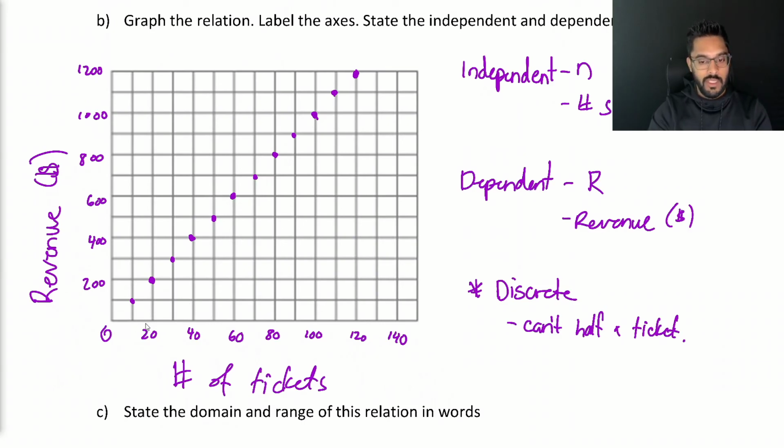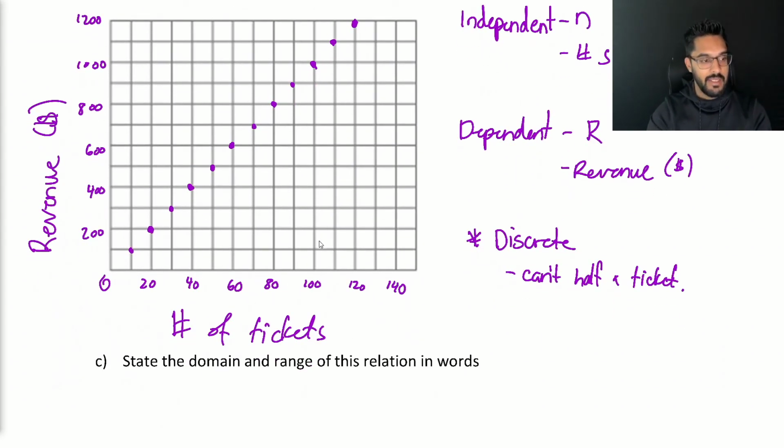So based on the limitations of my graph, I can't put a dot anywhere along that line because I don't really know where those whole numbers are. It's very difficult to tell based on the scale that we have. I would have to have my scale going up by ones to really make sure that I can put the dots in the right place. So we'll have to leave it like this, but as long as we have the understanding behind it that I could have other dots here, then we're okay.